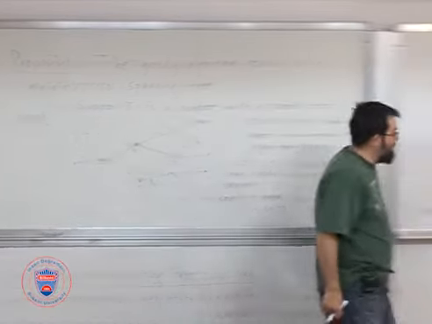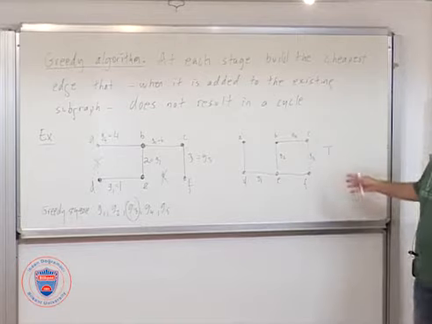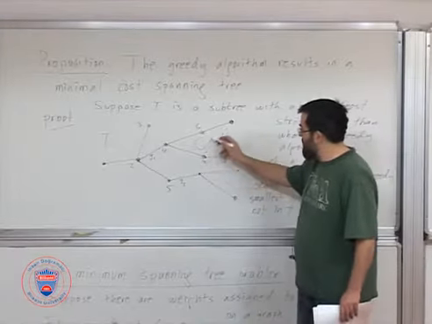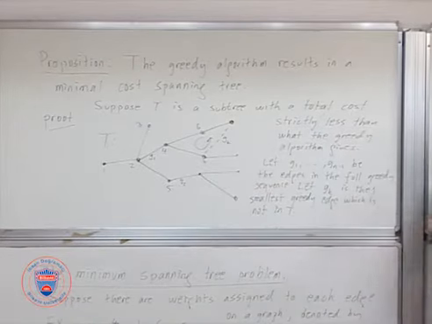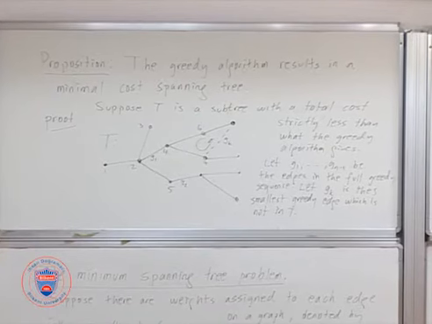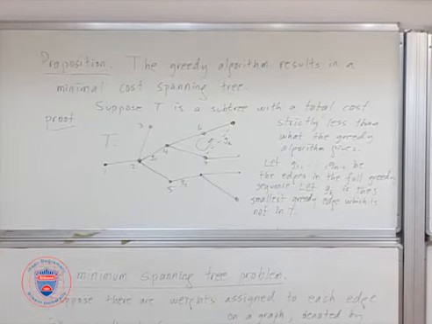As you see in this picture, the one that's not there, when you add it to T, it creates a cycle. Why does it create a cycle? When I add the first greedy edge not on the T onto T, I get a cycle.